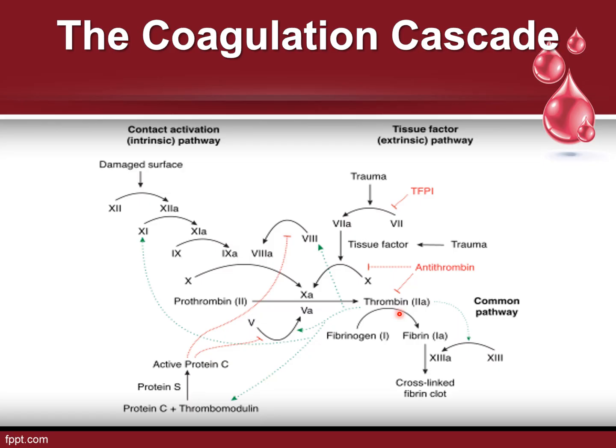So prothrombin, which is inactive thrombin, is activated by the long intrinsic and short extrinsic pathways. The thrombin will change fibrinogen, a plasma protein, to fibrin, an insoluble protein. And usually the conversion of fibrinogen into fibrin leads to a stable fibrin polymer.